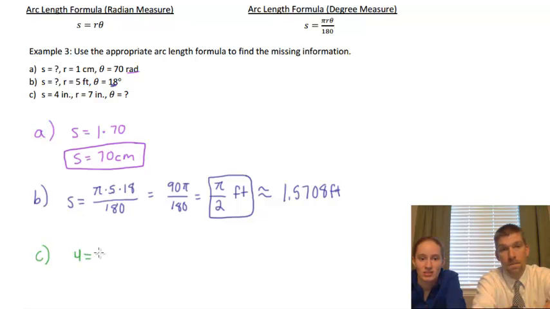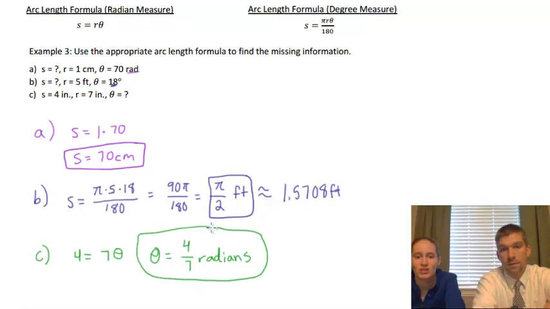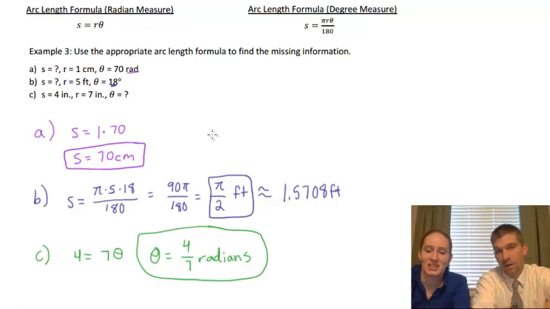So we have 4 inches equals 7 inches times theta. We divide by 7 on each side, and we get 4 over 7. That's in radians, and if we have an angle with no unit, we assume it's in radians. So that was angle measure, circular arc length.